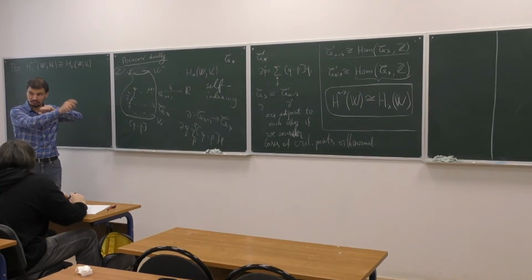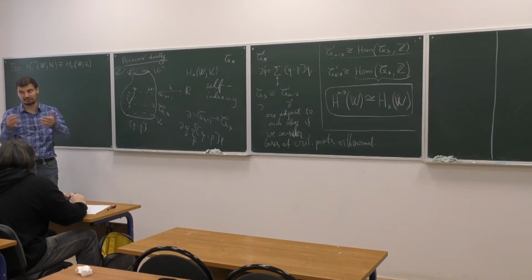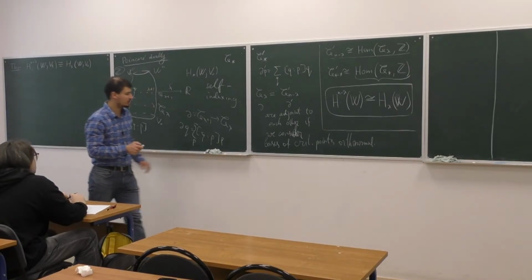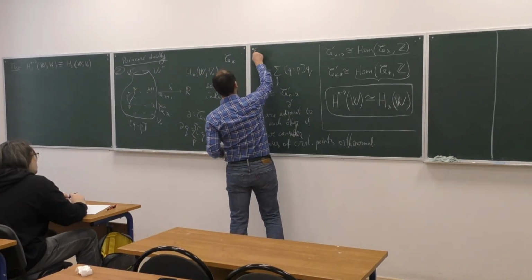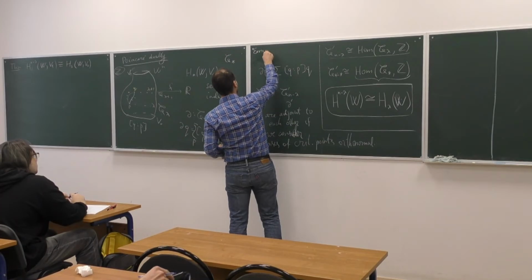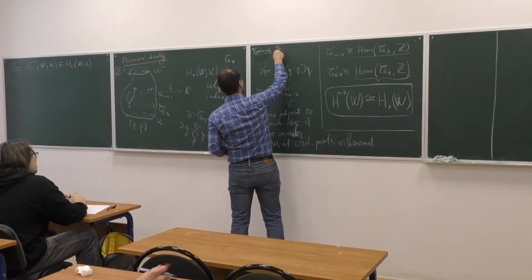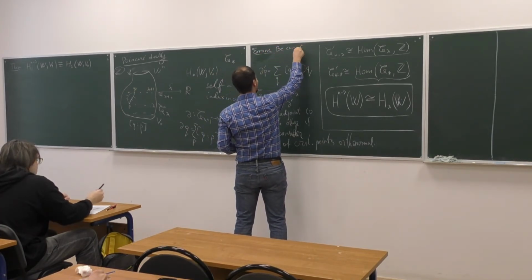When we swap direction, left-hand disks turn into right-hand disks, and generally we have some signs. I would like to leave this as an exercise: just be careful about signs in this definition.